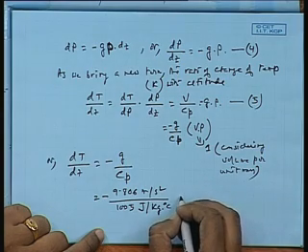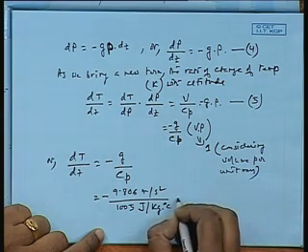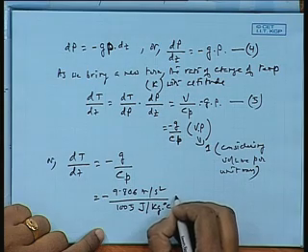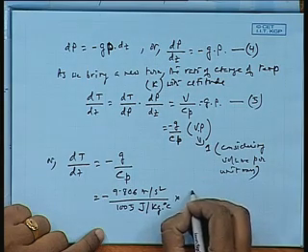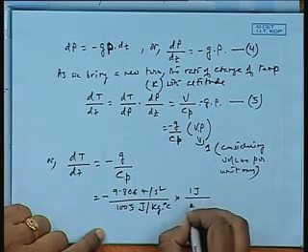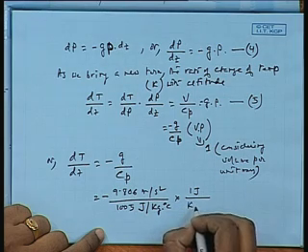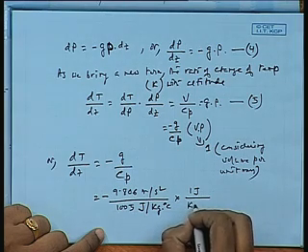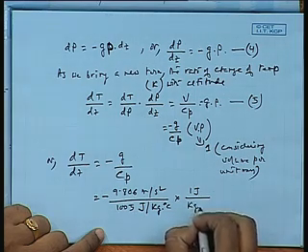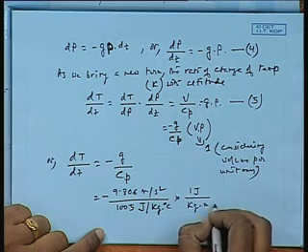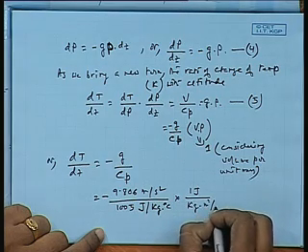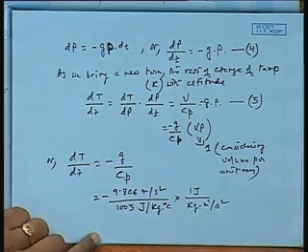If we make a unit conversion, 1 joule per kg is meter square by second square.